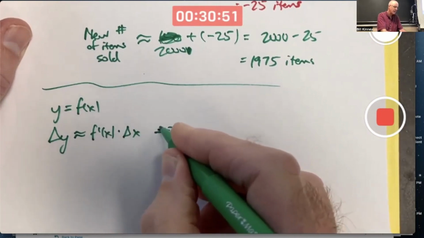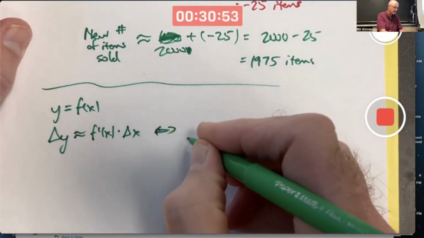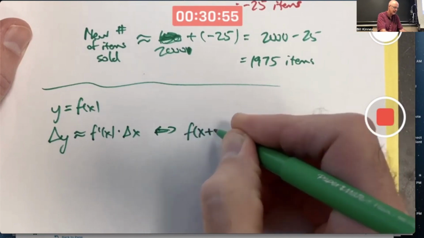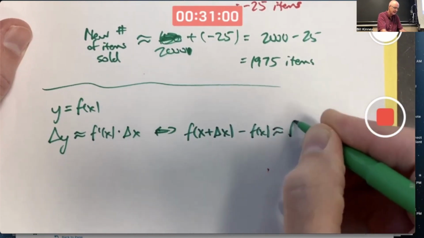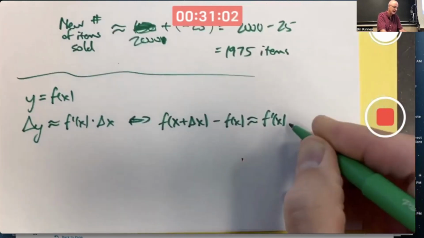That is the same approximate equation as this one: f of x plus delta x minus f of x is approximately f prime of x times delta x.